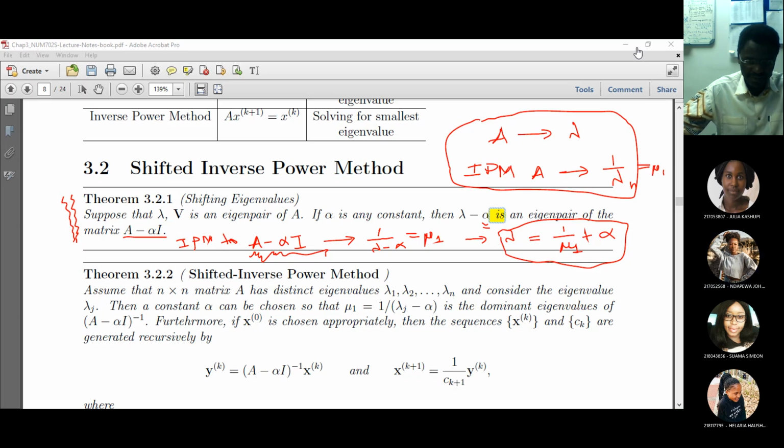Kashupi, is that okay? Not really. What don't you understand? The whole theorem. No, I'm not yet at the level of the theorem. Wait, when you say theorem, you mean this shifting eigenvalue theorem? Yeah, that one. You don't understand this theorem? Yeah, not clearly. Okay.